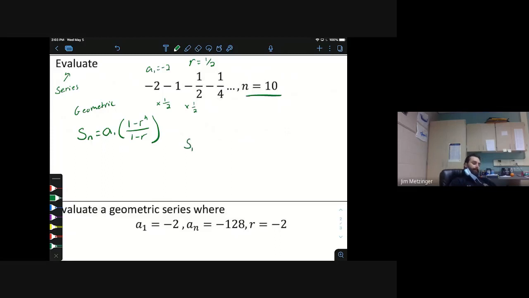So the sum of the first 10 numbers would be equal to -2 times 1 minus 1/2 to the 10th, over 1 minus 1/2. Now, I'll tell you this. Back when we used to have the old calculators, so many people got this wrong because we couldn't type it in right.